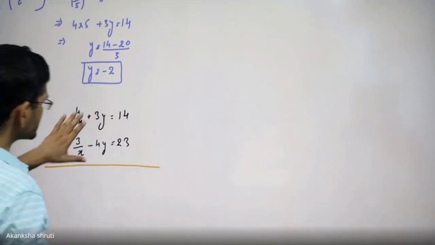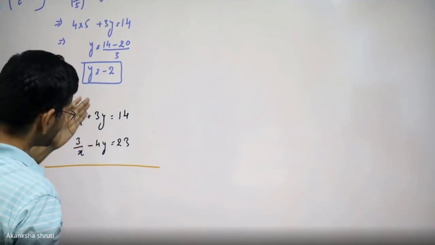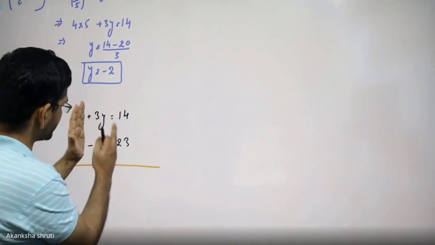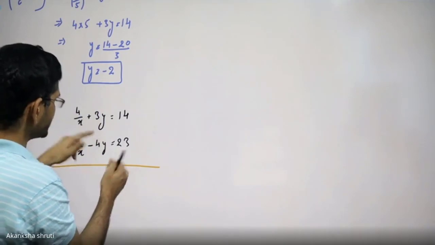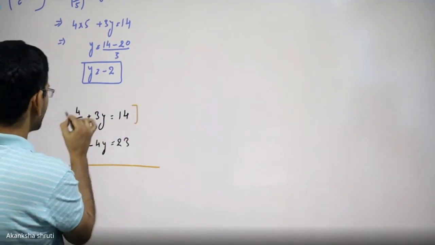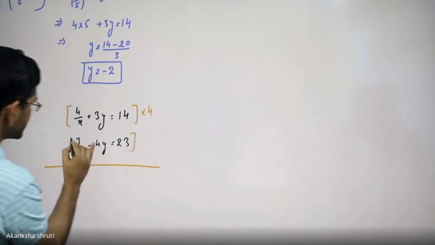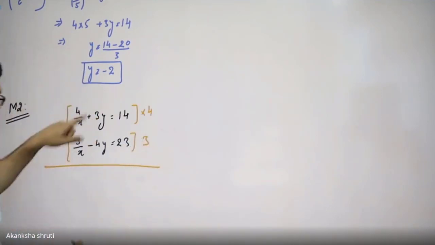So you just treat this y as linear as it is given in equation, and you just try to eliminate this y. Forget for this x. Here, for eliminating this y, I need to multiply the first equation by 4 and the second equation by coefficient of this y, which is 3. The signs are opposite, I will add it.